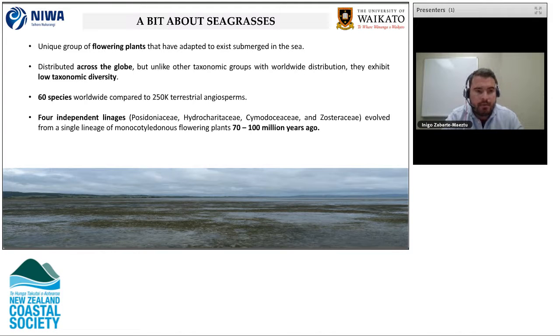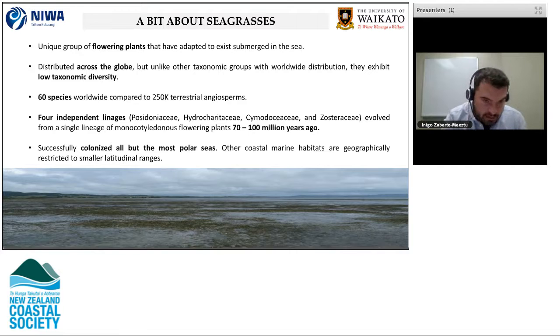They come from four independent lineages that evolved from a single monocotyledonous flowering plant about 70 to 100 million years ago. They have successfully colonized all but the most polar seas, and the southernmost point of growing seagrass on the planet is here in New Zealand, in Stewart Island.